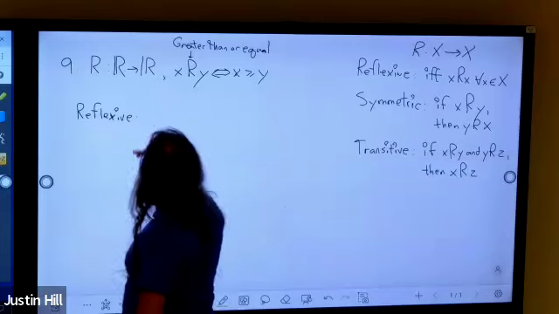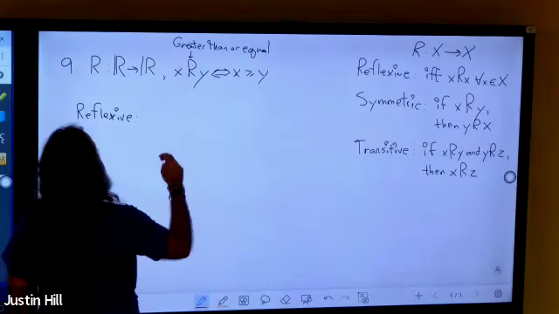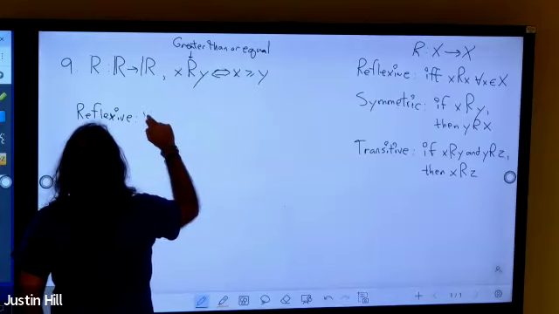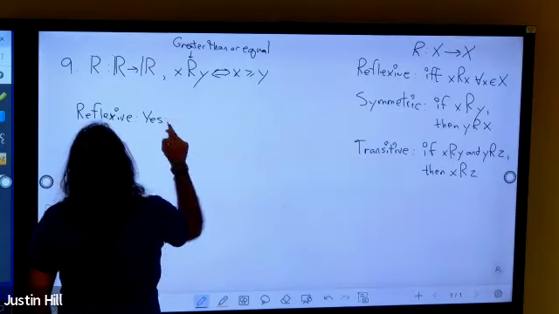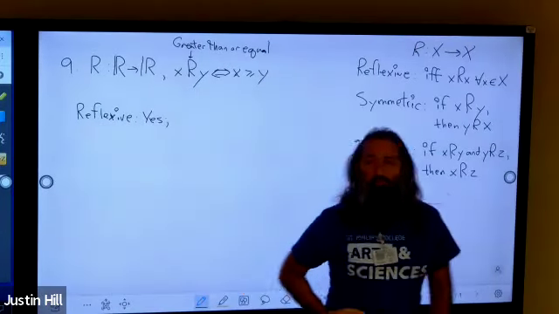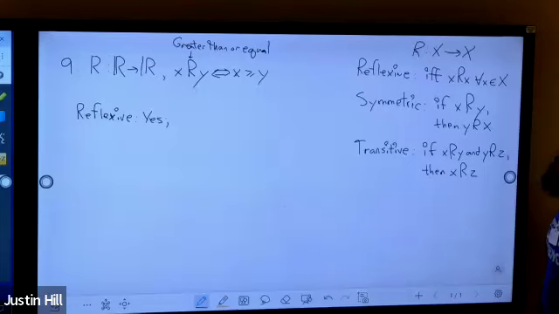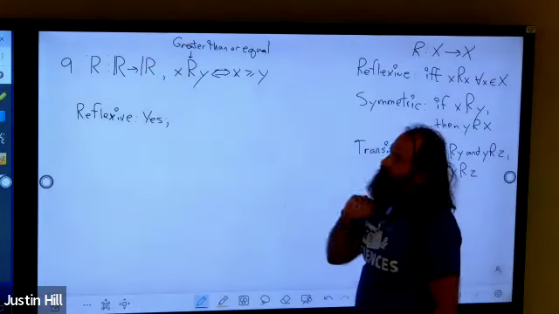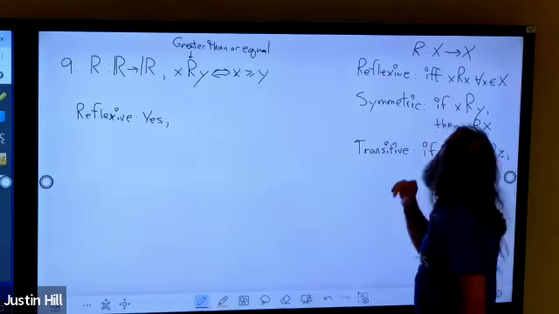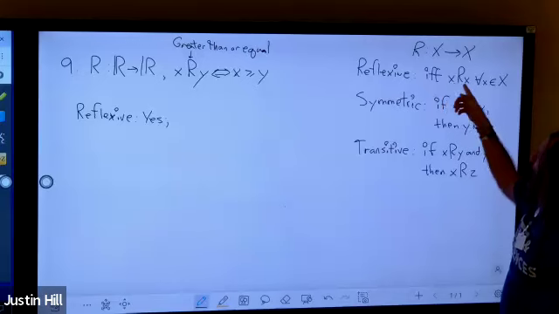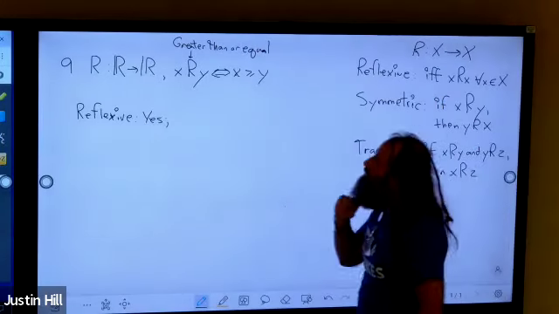So in this case, it is reflexive, and so you want to prove it. To prove it, I'm going to do a direct proof. I'm going to do a suppose, and then I'm going to show that it fits the condition that I want, which is for every number I choose, x is greater than or equal to itself.